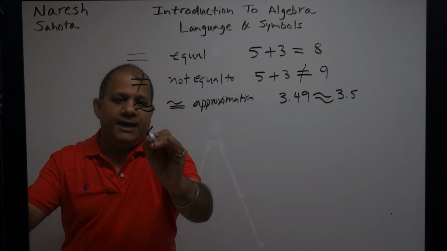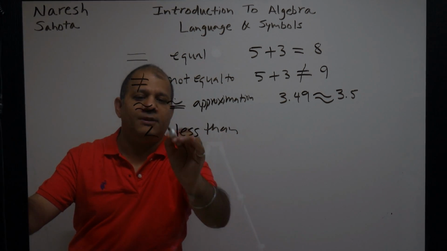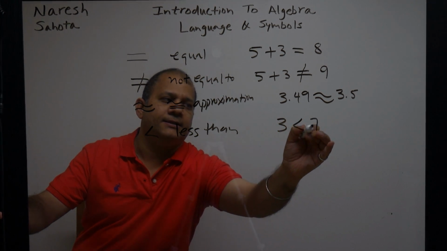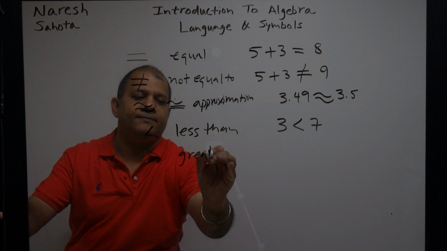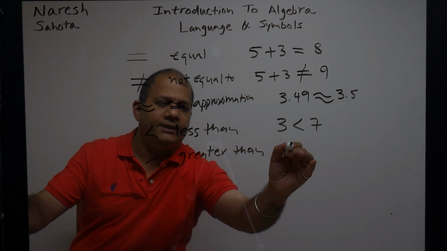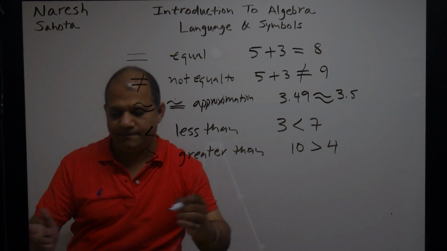So next we have less than. An example would be 3 is less than 7. And this symbol is greater than. An example would be, let's say, 10 is greater than 4.